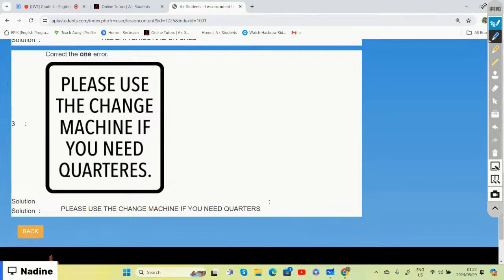All right, and if we were to choose a word that we had to correct an error of, then we will choose this word, quarters. So please use the change machine if you need quarters. And if we were to spell that word again, we would say it is quarters.